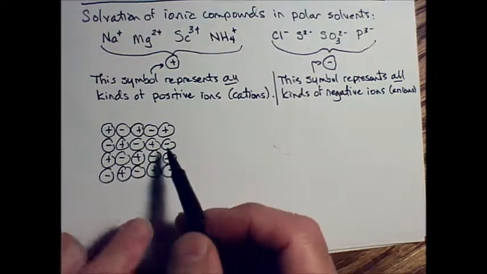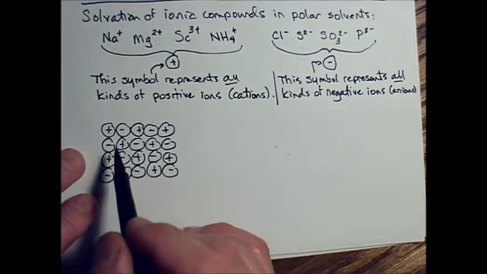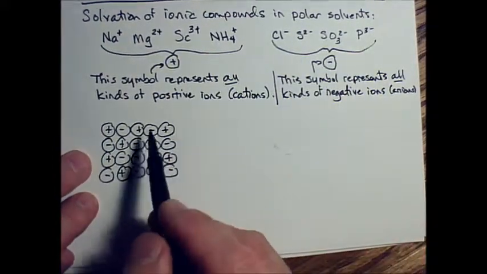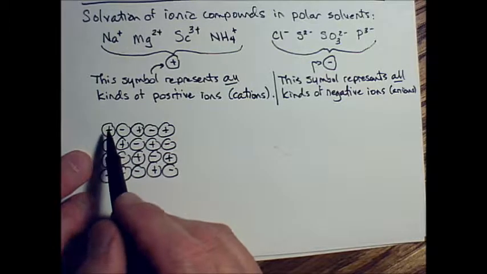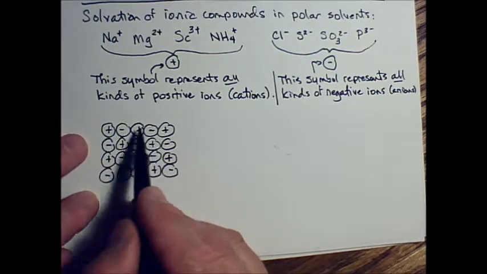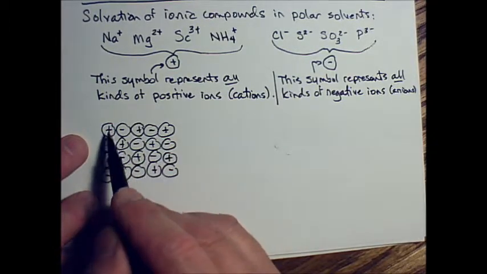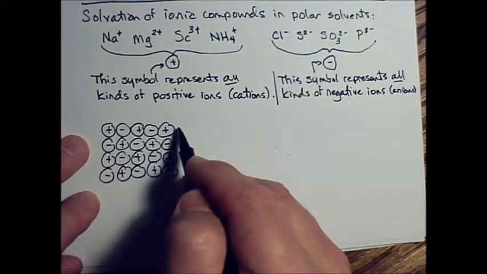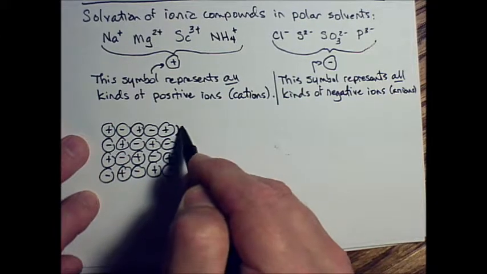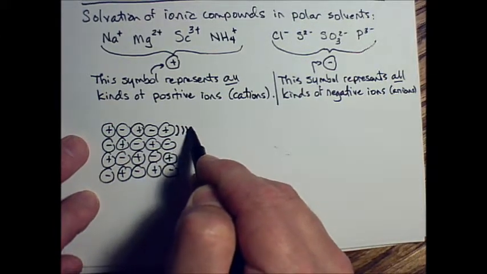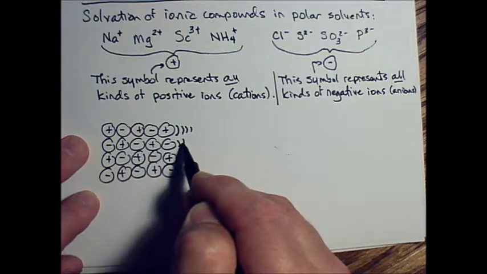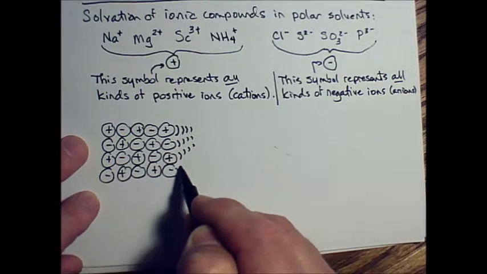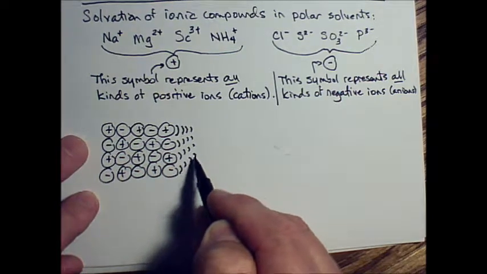Now, I've drawn this illustration. Remember, this is representing any kind of positive particle or any kind of negative particle. I've drawn this illustration so far in 2 dimensions. Side to side here is 1 dimension, up and down is 1 dimension, but front to back I'm not showing yet. So let's just kind of show it like there's more of these particles stretching back behind here. Okay. You get the point?